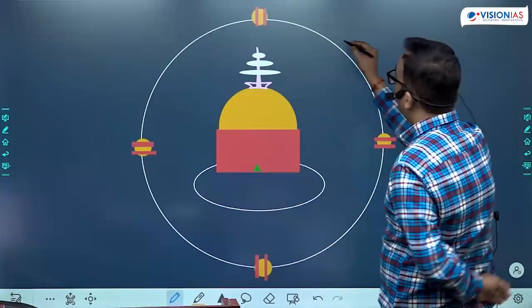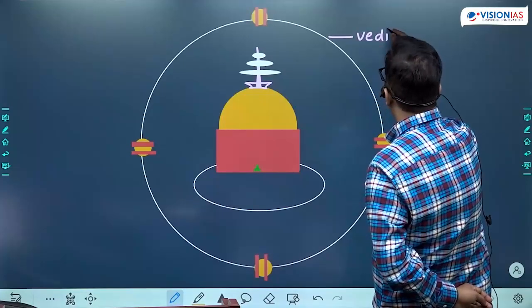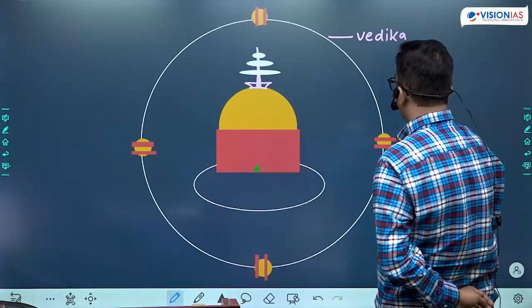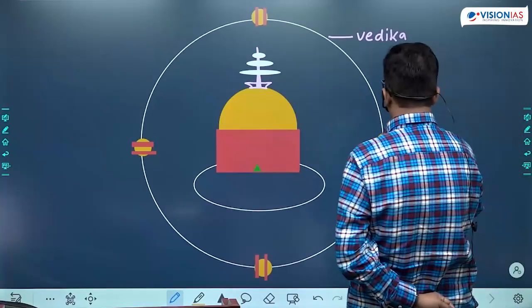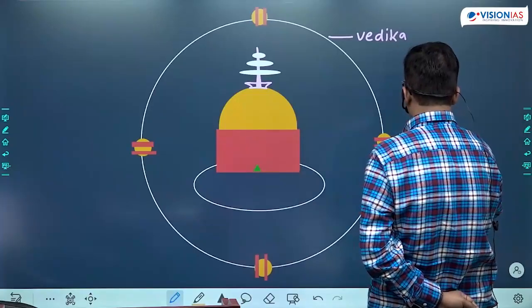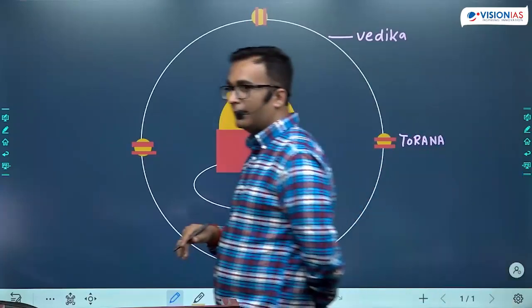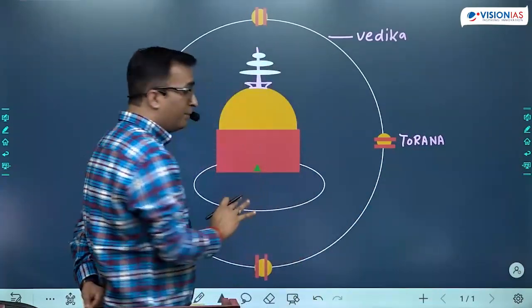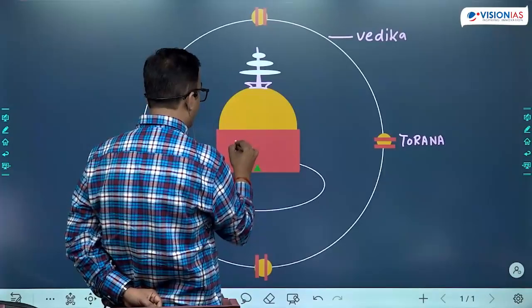So this part we call Vedika. Boundary wall is called as Vedika. These are the 4 gateways, and gateways are known as Torana. So 4 Toranas are there. Then this inner part, the rectangular one, is called as Medhi.